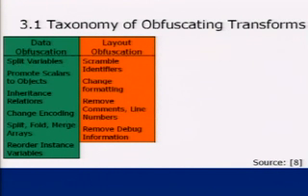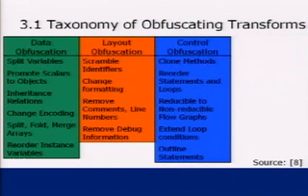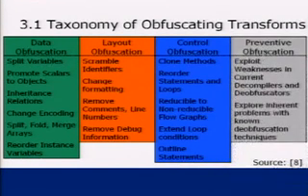You've got layout obfuscation, so scramble identifiers, formatting, etc. You have control flow obfuscation, if you like: clone methods, reducible loop and extended loop conditions, outline statements. And finally, you've got transforms which are in place for people like you and me to make the process of de-obfuscation harder and a lot more difficult.